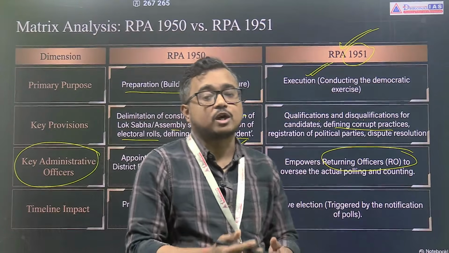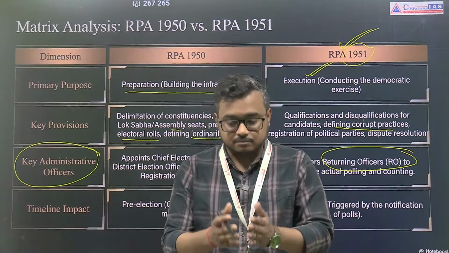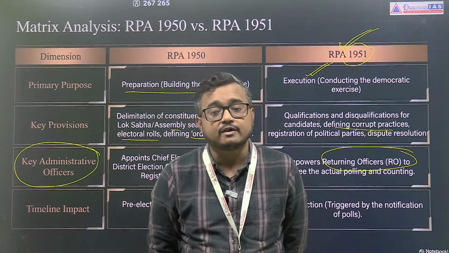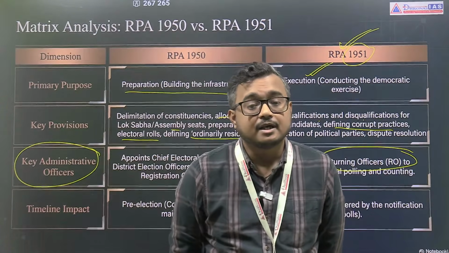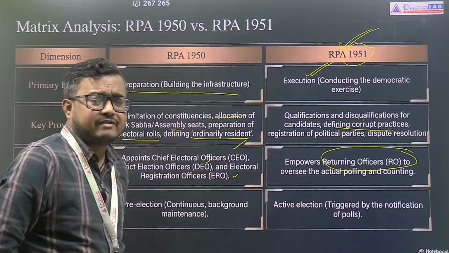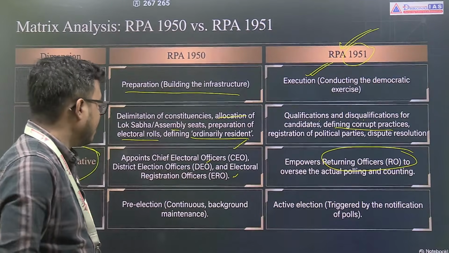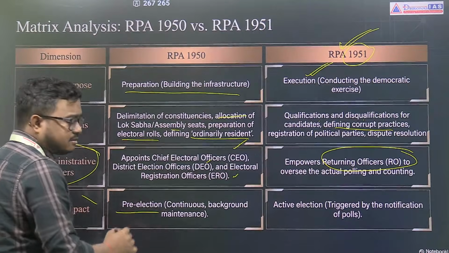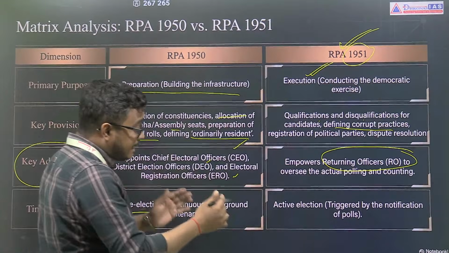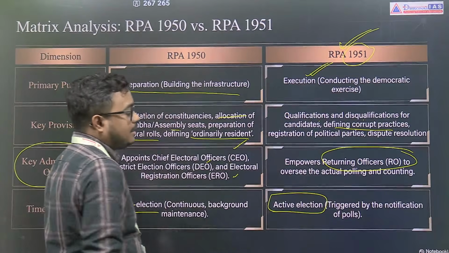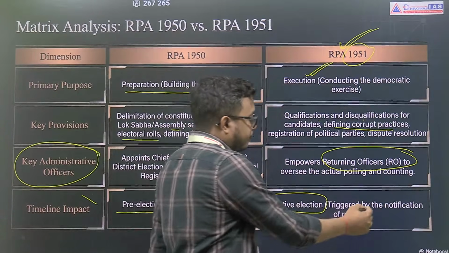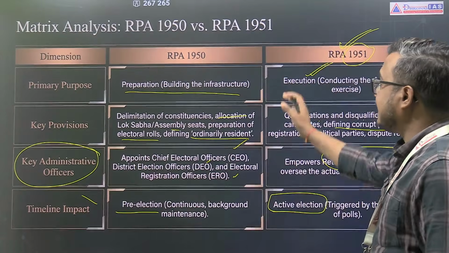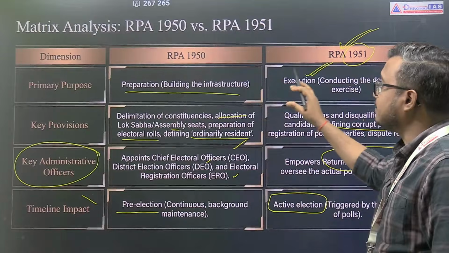Those of you who will join as executives later when you clear the exams will have these duties yourself, right? And the last one, the timeline. 1950 was the pre-election method, and 1951 is during the active election. The moment the poll notification comes out, it gets triggered, right? So that is RPA 1950 versus RPA 1951.